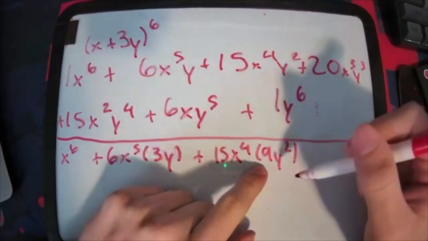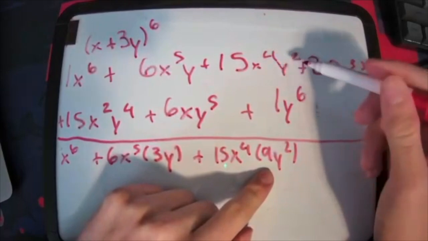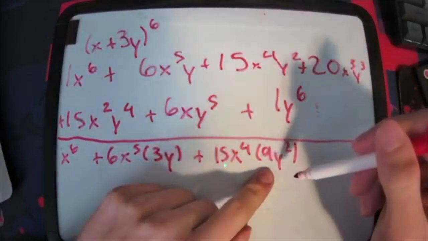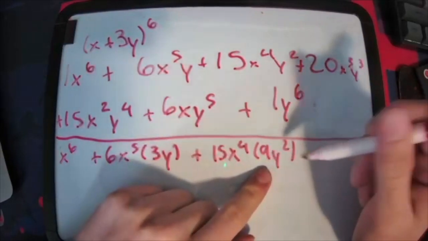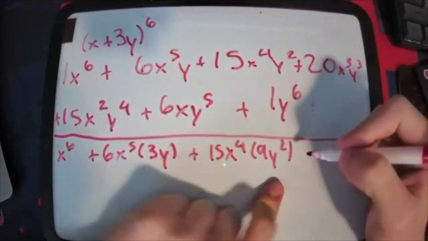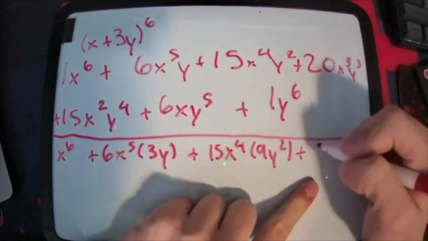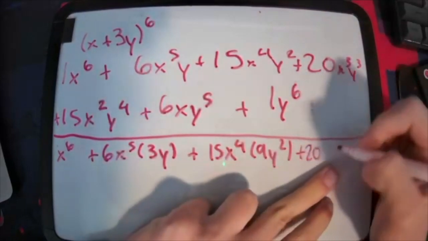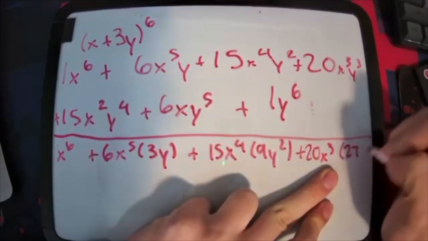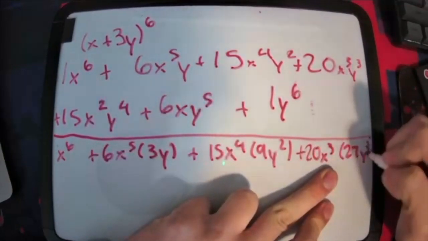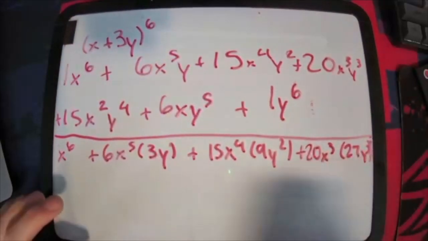And I'm just going to skip an extra step by already doing the calculation for (3y) squared. So it'll save us time later. 20x cubed times 27 y to the third. Oh, you could barely see that, it's fine.